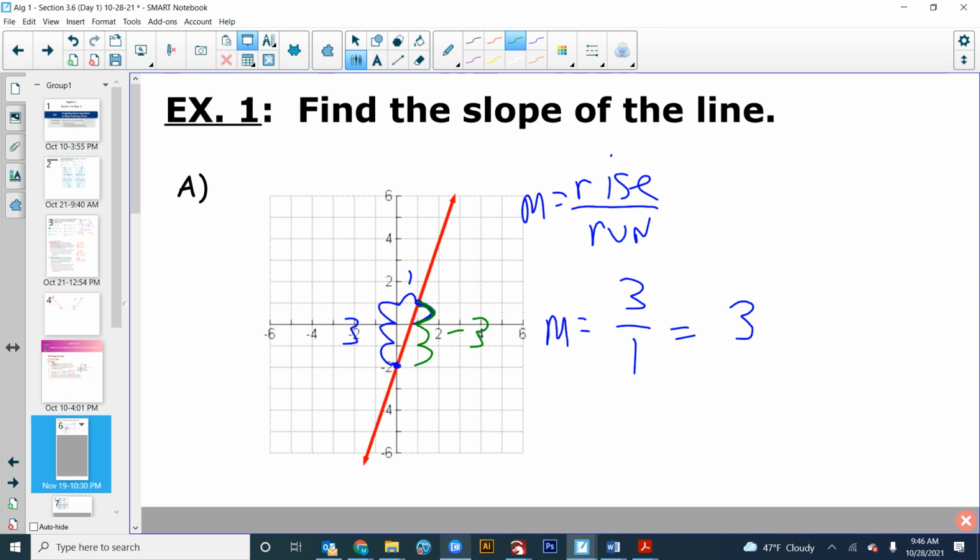Because down is negative. And then 1 to the left, which left is negative. So watch this. What's a negative over a negative? Still get a positive 3 slope.